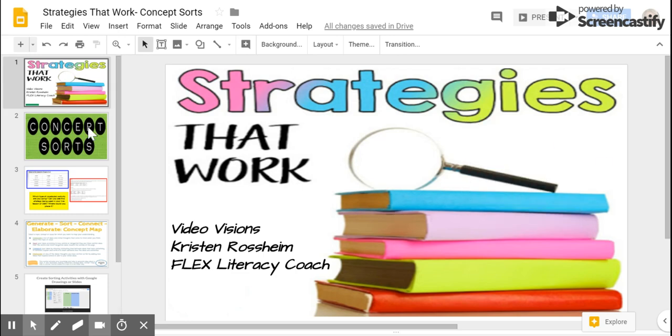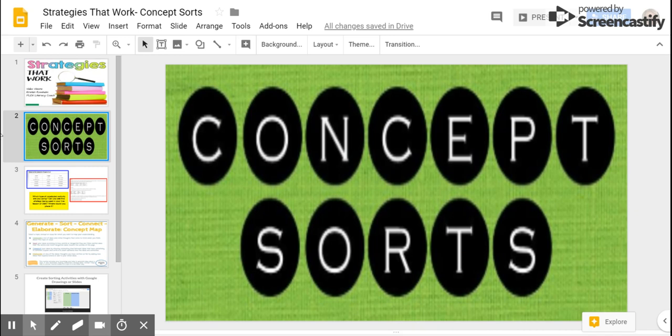So today we are going to focus on concept sorts. A concept sort is a strategy that's used to introduce students to vocabulary about a new topic or a book or a concept. What teachers can do is provide students with a list of terms or concepts from the reading material or from their assignment, and then the kids place those words into different categories based on the word's meaning or something else more specific that we want them to use to sort them.